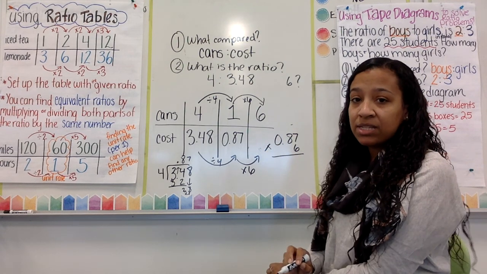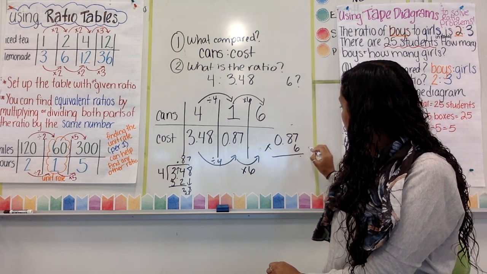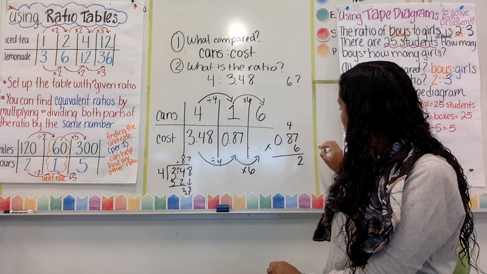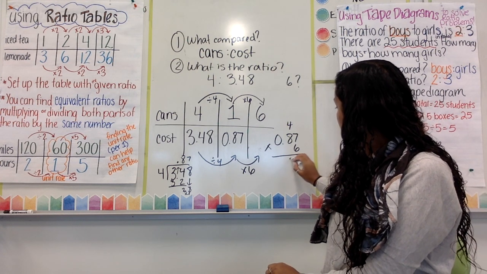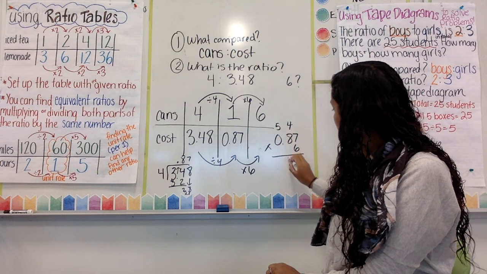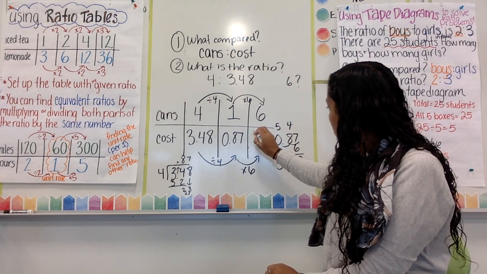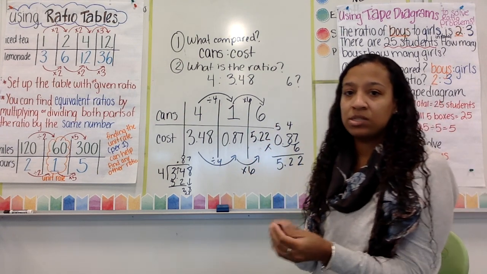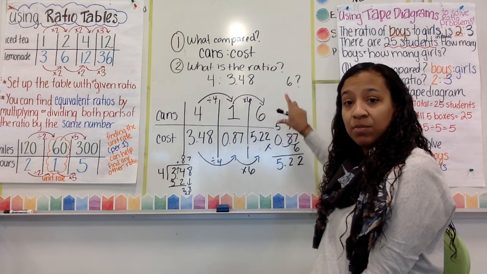And I'm going to do 87 cents times 6. And I get $5.22.